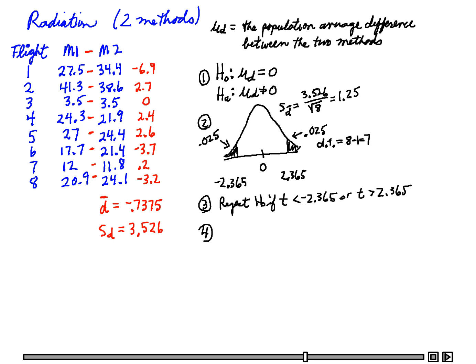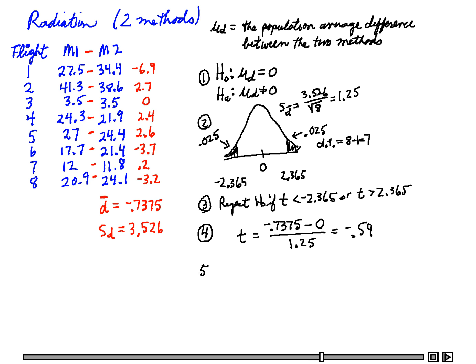Step 4, I'm going to calculate my test statistic. So I'm going to take my sample average, negative 0.7375, and I'm going to subtract what I'm testing against, the 0, and I'm going to divide by the standard error, and I get a negative 0.59.